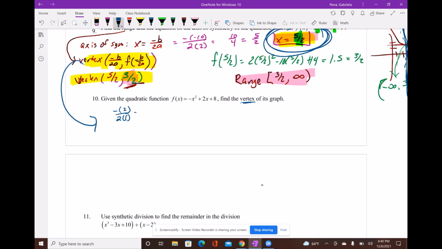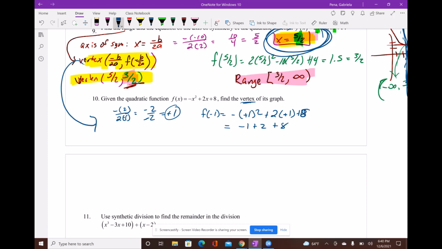Negative b over 2a, negative 2 over 2, which is a negative 1. Is that correct? And then what do we do with this negative 1? We plug it into the function. I got positive. Wait, it is positive one. Yeah, because it's negative. Oh, you are correct. Negative 1, positive 1. That's why I have you guys. So this becomes a negative 1 plus 2 plus 8.